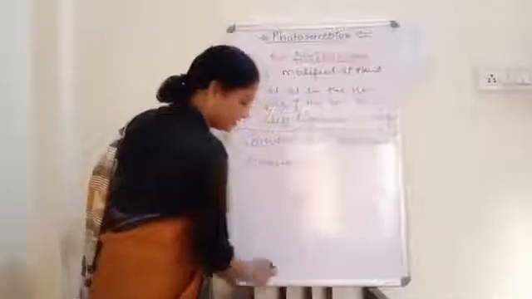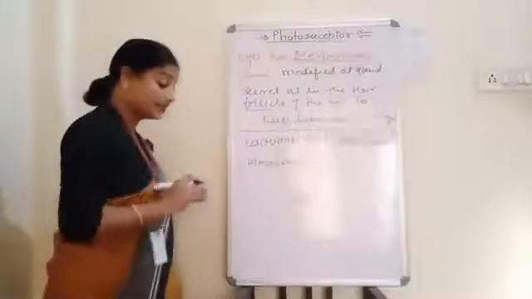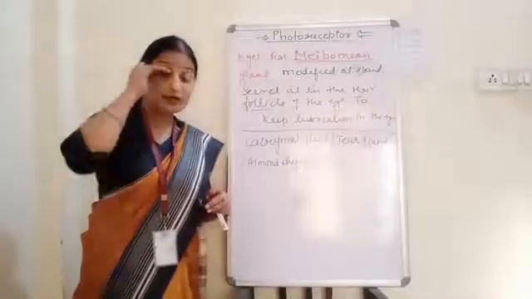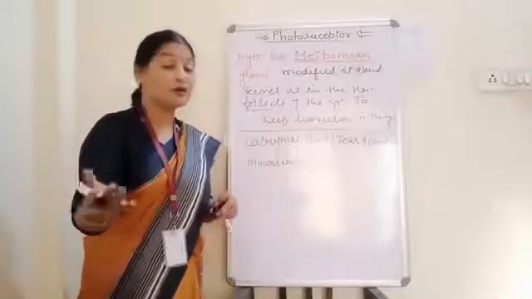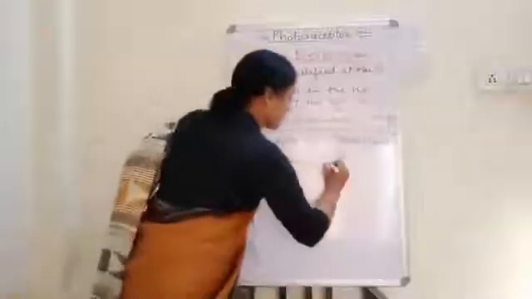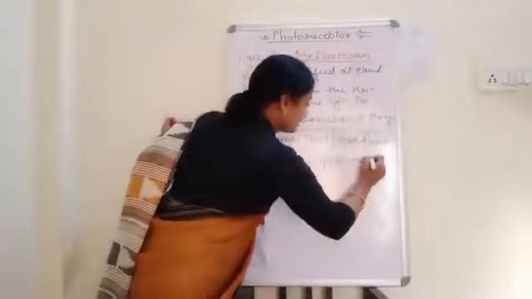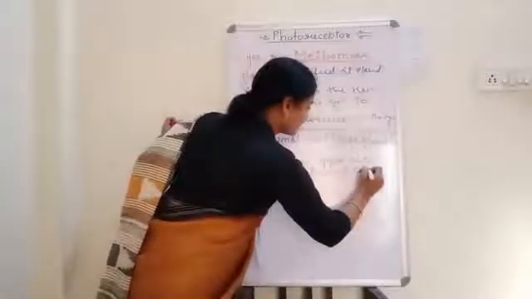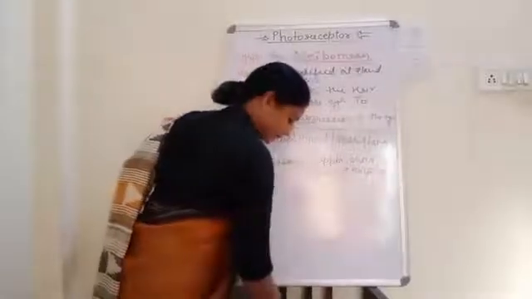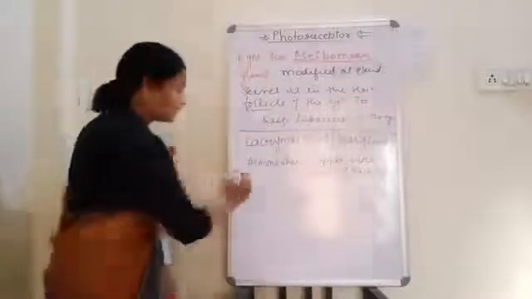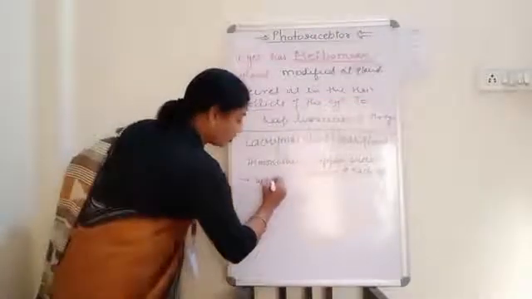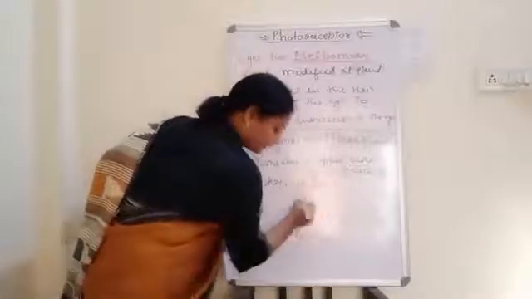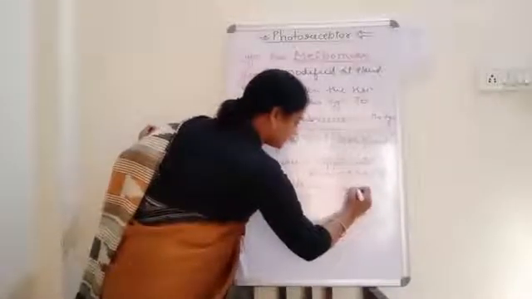This is an almond shaped gland located at the upper outer border of each eye. Their secretion is watery, alkaline, and that is called tears.